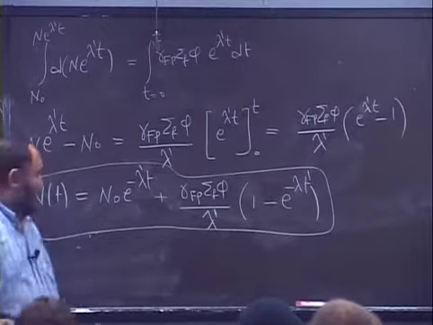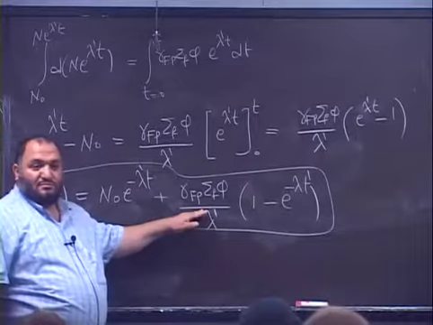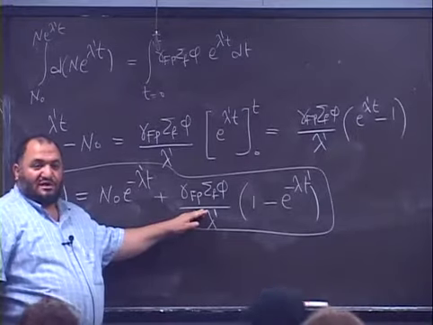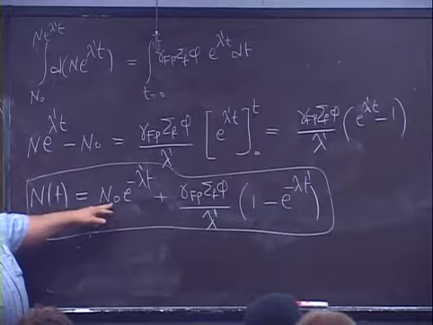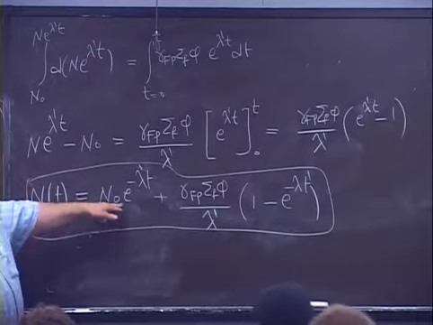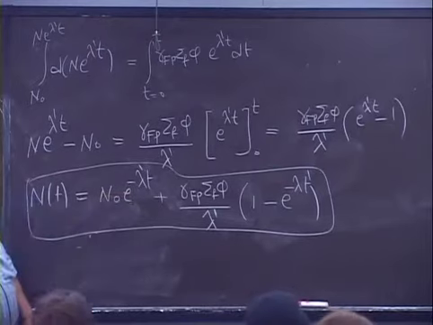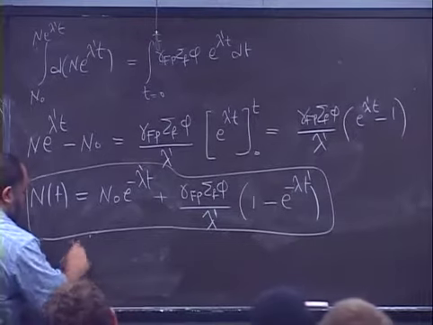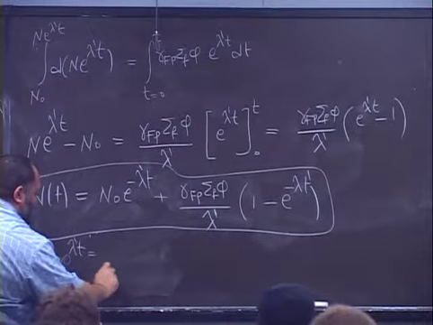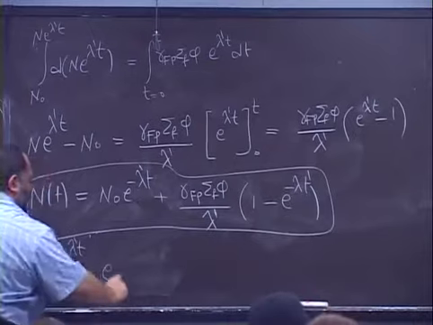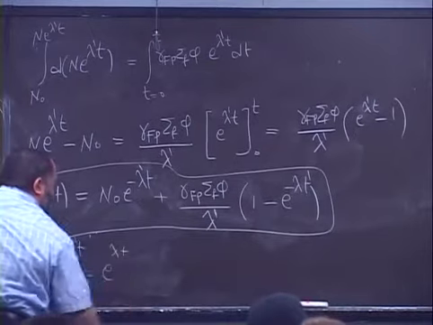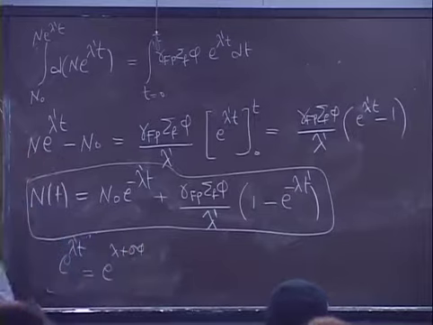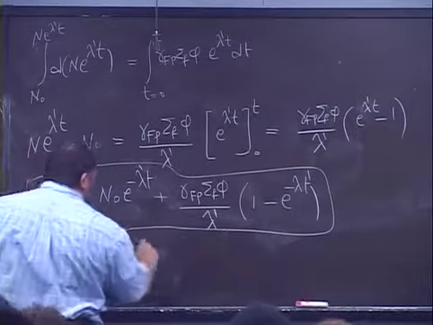Yes? So if we do not have production for this isotope, we have n of t equal to what? n naught e to the power of minus lambda prime t. What's lambda prime? e to the power of lambda prime t is just e to the power of what? Lambda plus sigma phi, all multiplied by what?